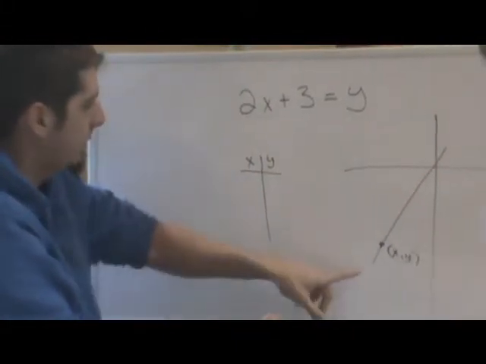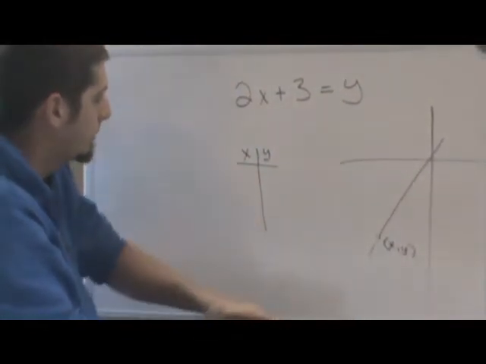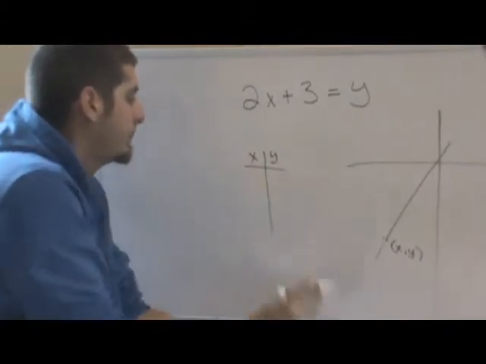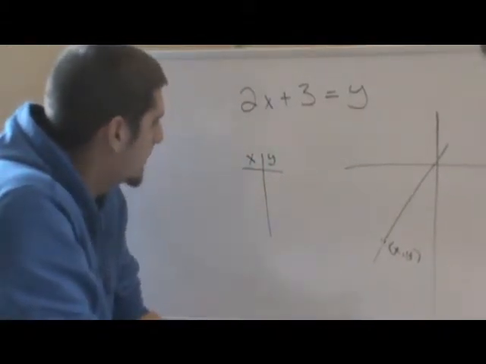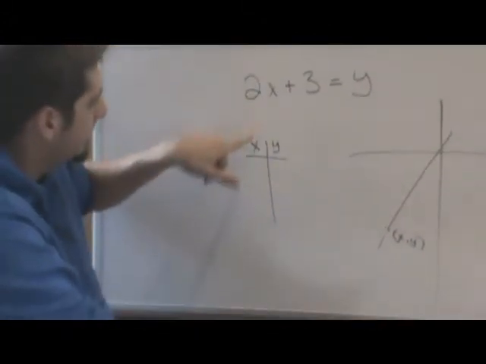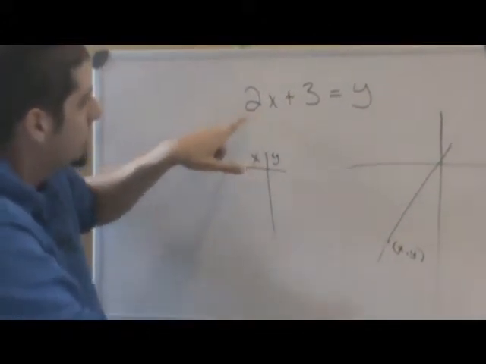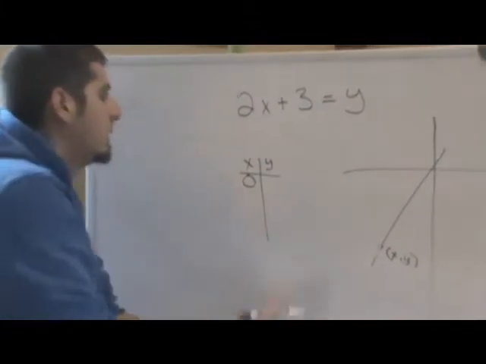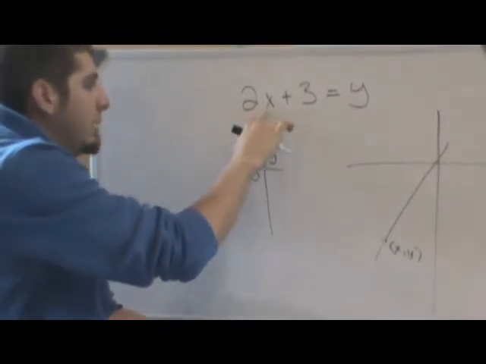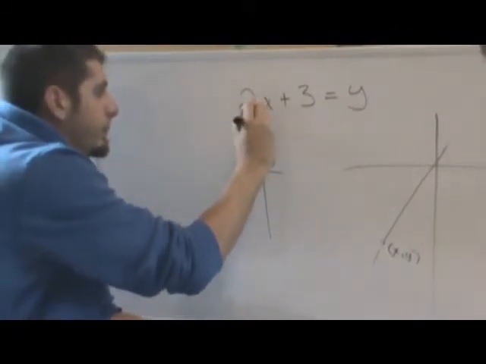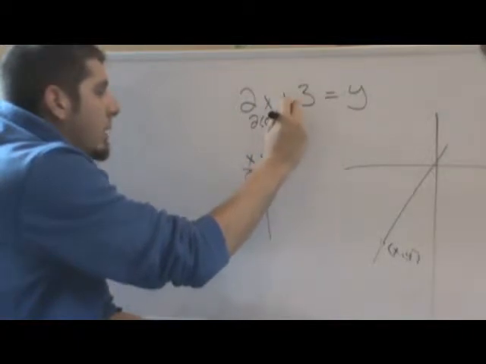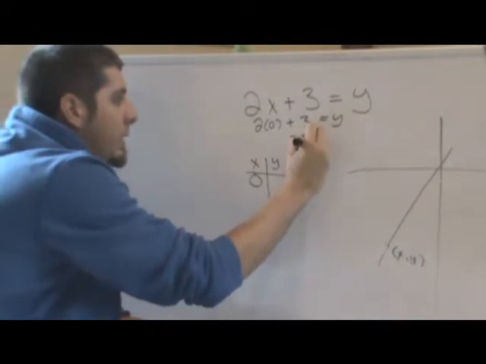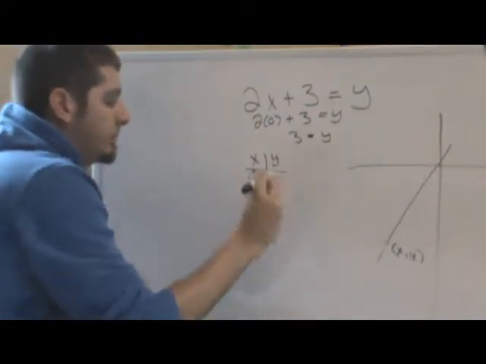So you can actually figure out any of those points that you want. All you have to do is choose some values for your x-coordinates, or your inputs, because we input these x-coordinates into our equation and we output the y-coordinates. So for example, if I input 0 into my linear equation, 2 times 0 is 0, plus 3 is 3, so y gets me 3.